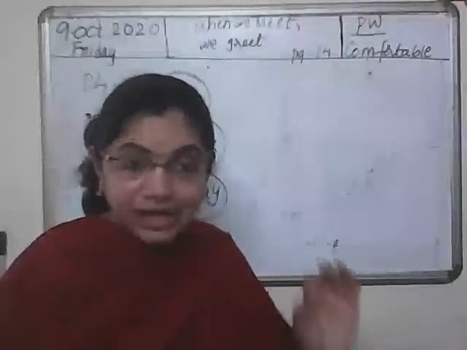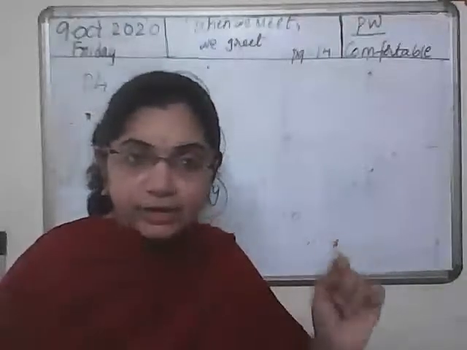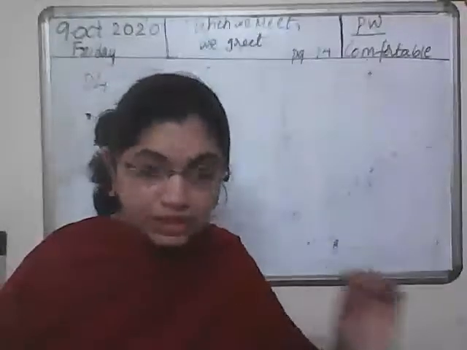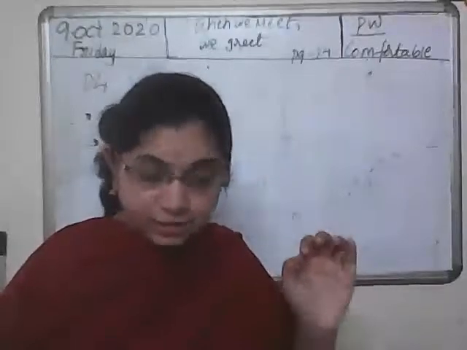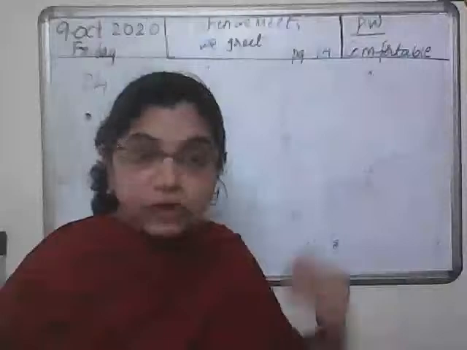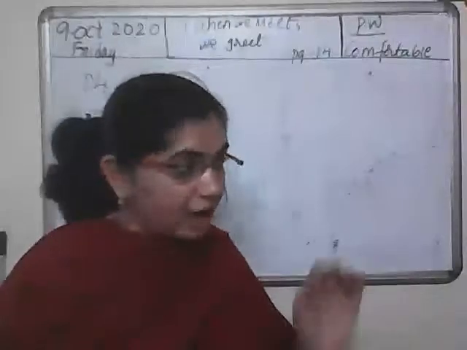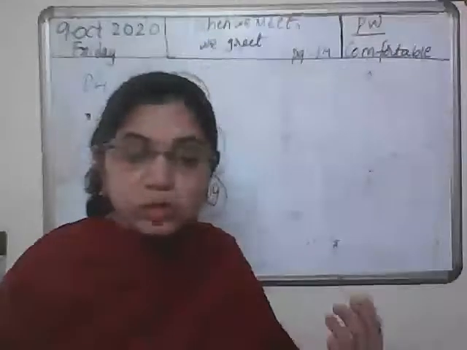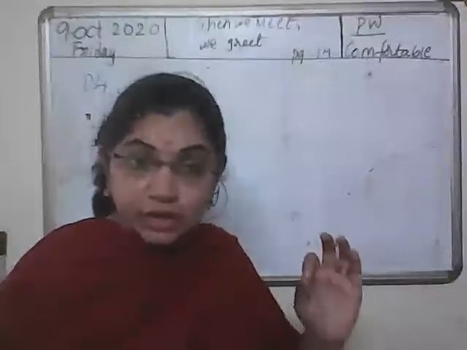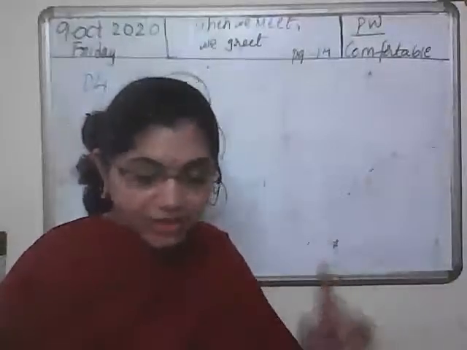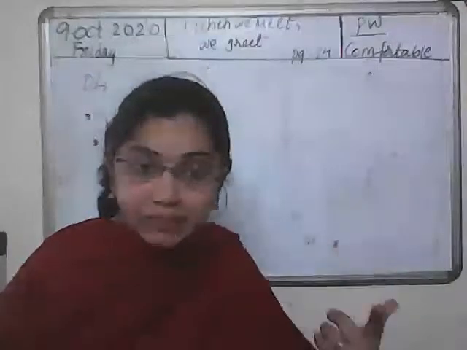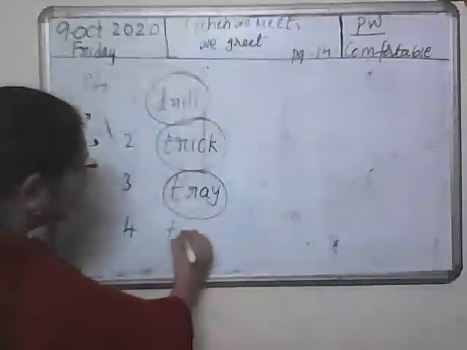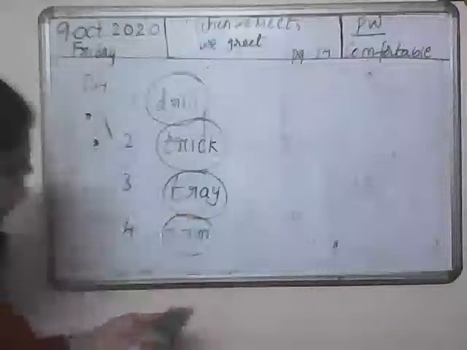So in case of dream, the sound is D and R, dr. In case of drop, also D and R together makes dr. In case of draw, D-R-A-W, also D and R makes the sound dr. And in case of drum, also D and R makes the sound dr. So there is only one word, that is trim, T-R-I-M, where T and R makes the sound tr. So trim is the odd one in this group.